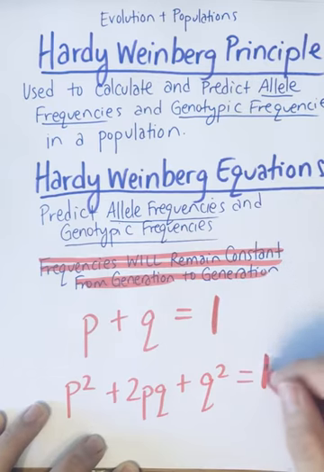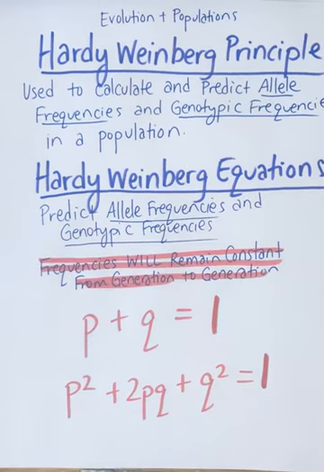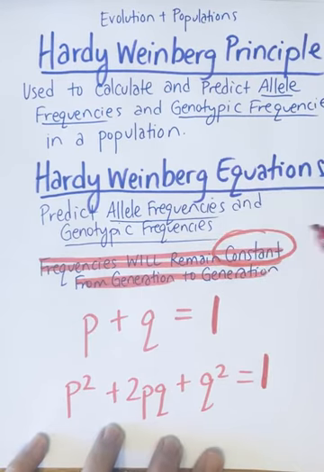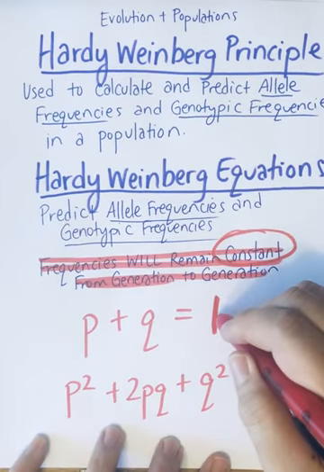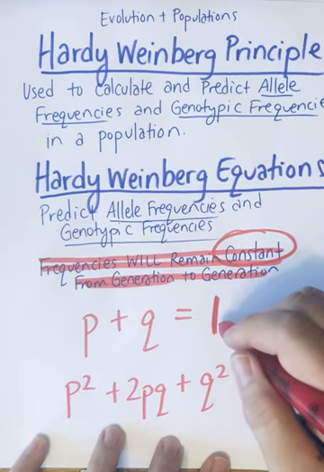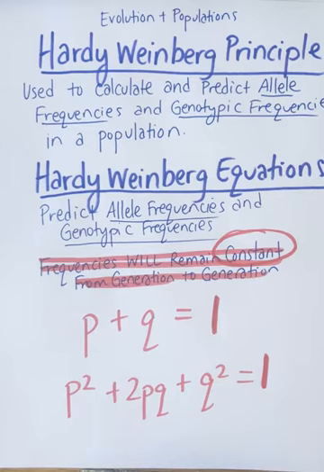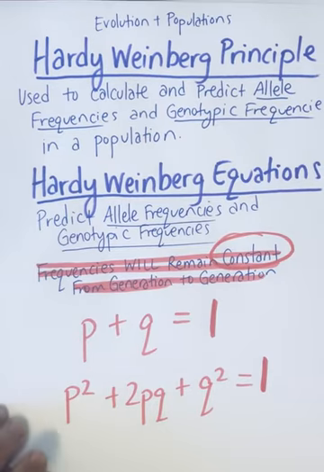These numbers, ones, will remain constant from generation to generation. That makes this easy when talking about the other types of ways to figure out frequencies. Just remember, Hardy-Weinberg says everything is always constant. Now, let's look at these equations.